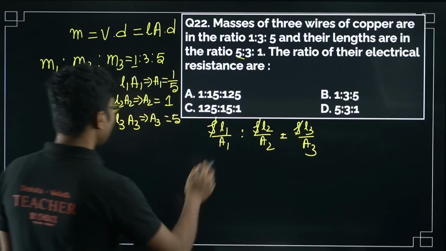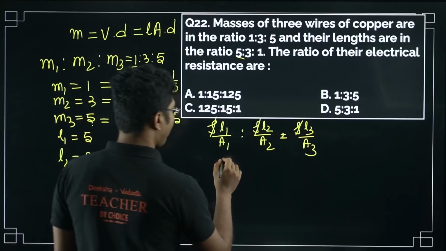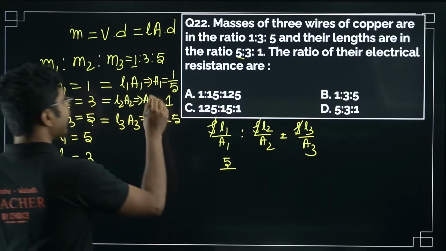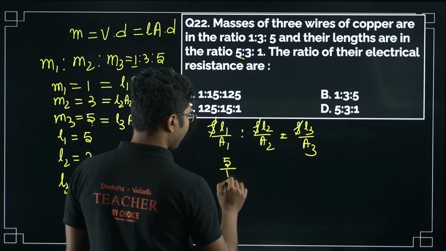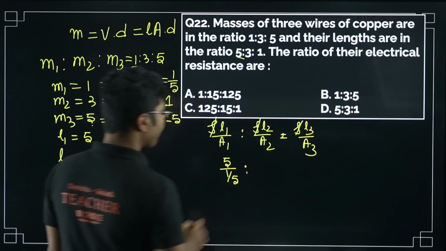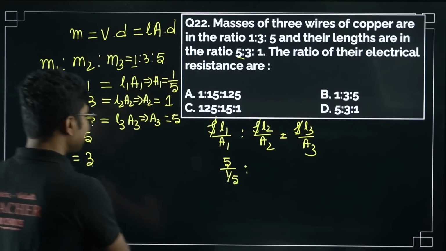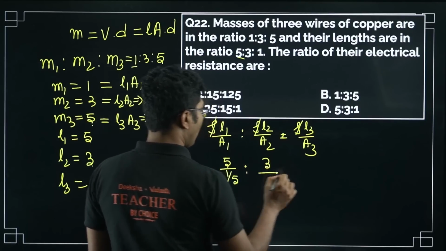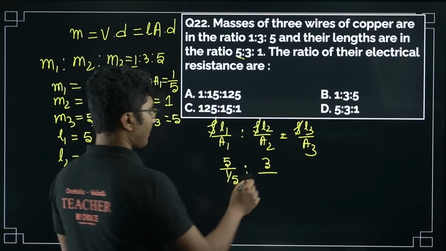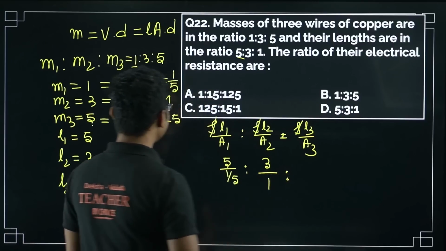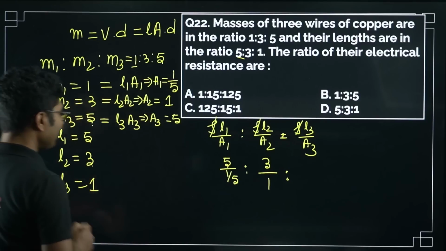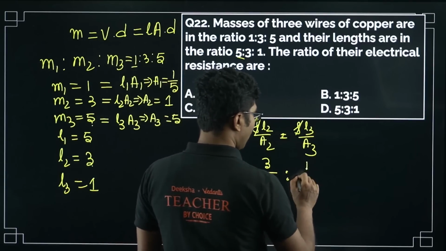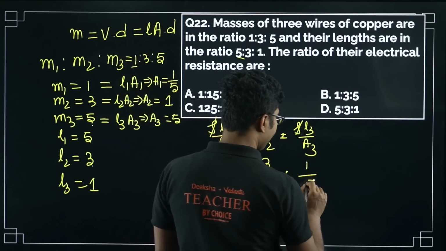So what is L1? L1 is 5. What is the area? A1 is 1 by 5. What is L2? L2 is 3. What is A2? A2 is 1. What is L3? L3 is 1. And what is A3? A3 is 5.